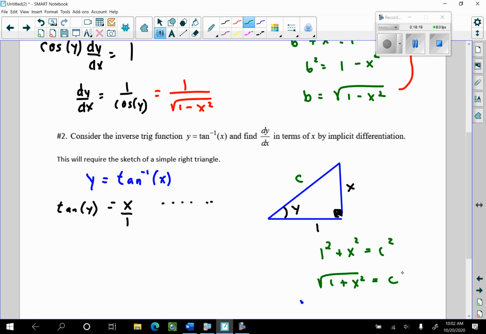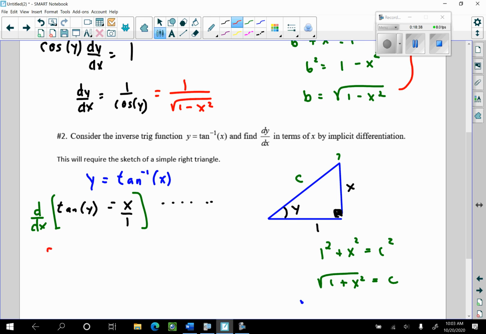I will use that. Now I'm going to d dx both sides over here. And I'm going to need to remember, what's the derivative of tangent? Secant squared.